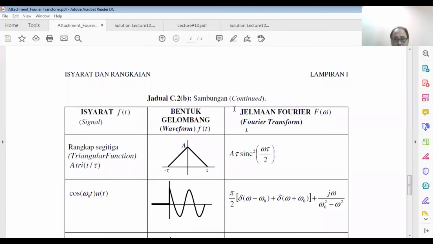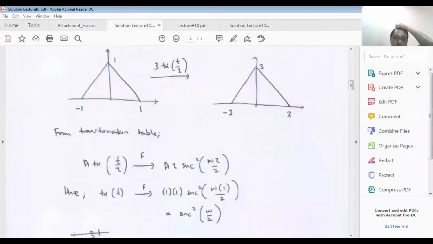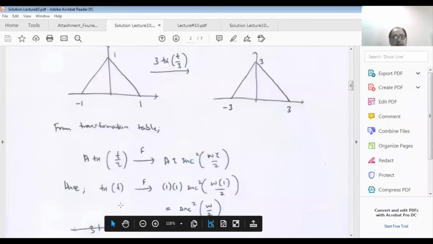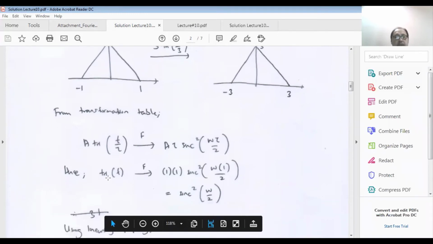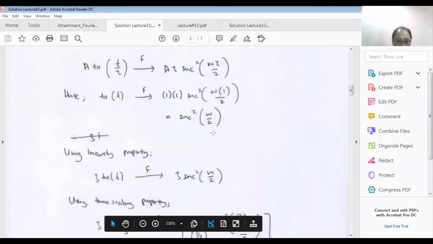If we have a triangular T, we write A and tau equal to 1. So the transformation of that will give sinc squared omega divided by 2. By using the first property, linearity, for 3 triangular of T, the first transform will be 3 sinc squared omega divided by 2.